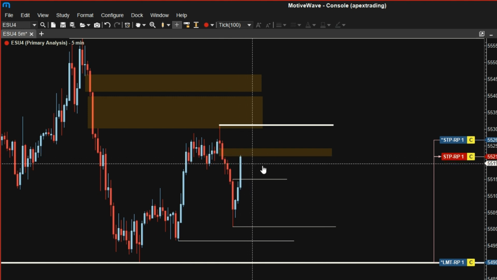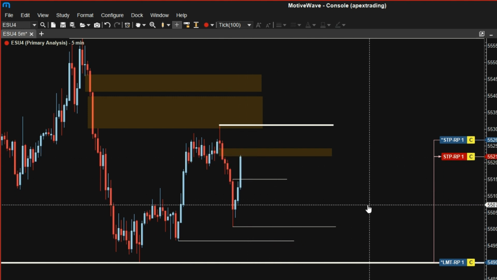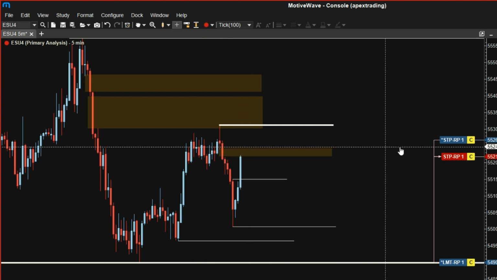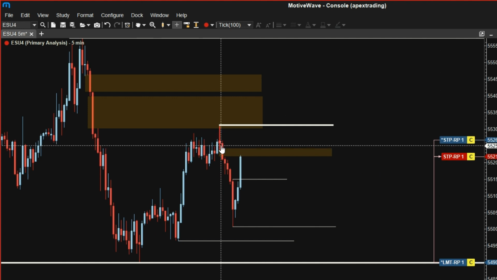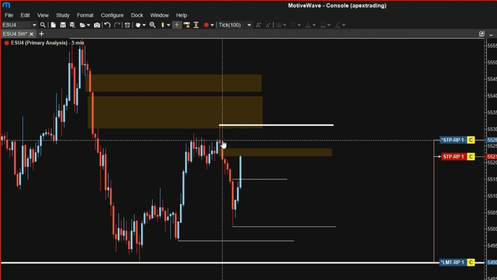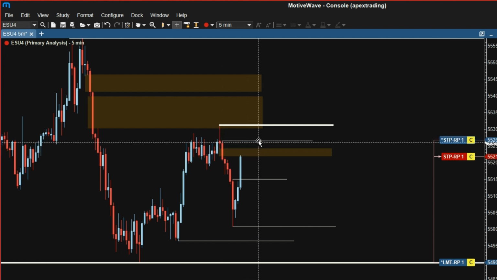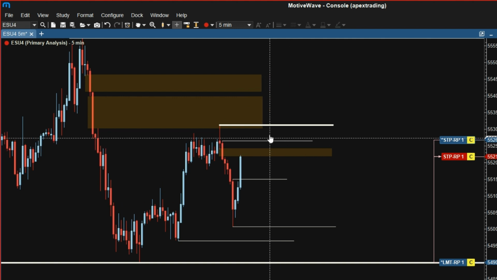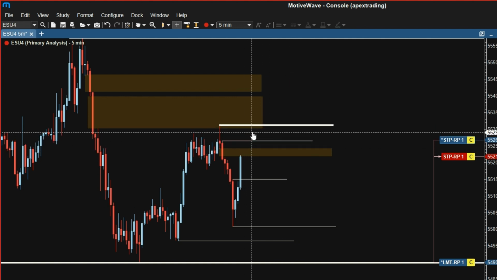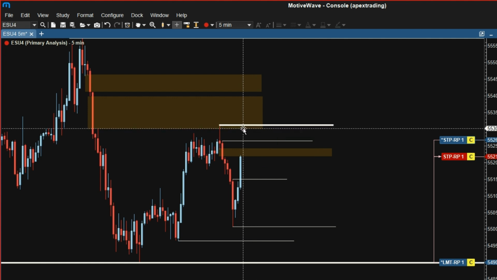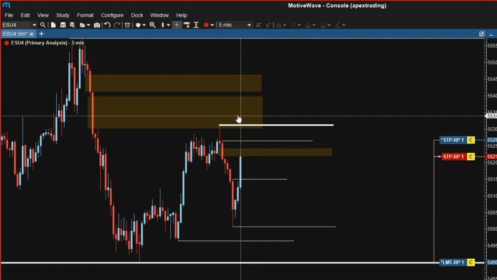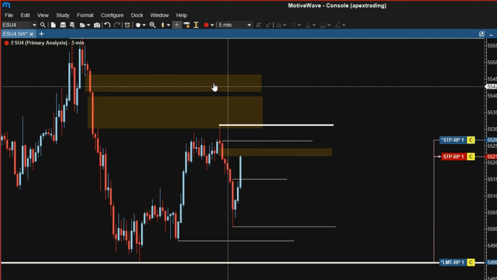But let's take this 5-minute just for an example. Stop loss above this 5-minute candle's high here, right? Thinking that if price moves above it, we're out, and maybe price is going to take our invalidation point and further fill these 5-minute gaps above.